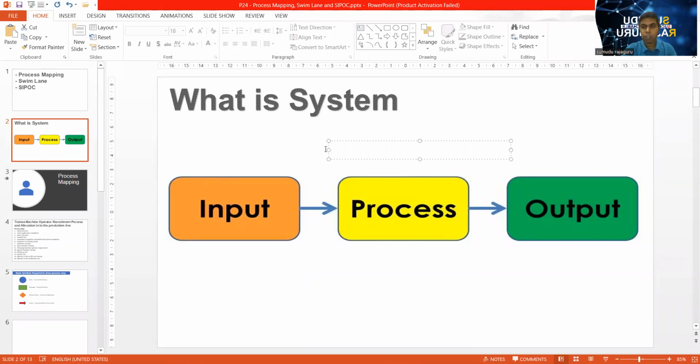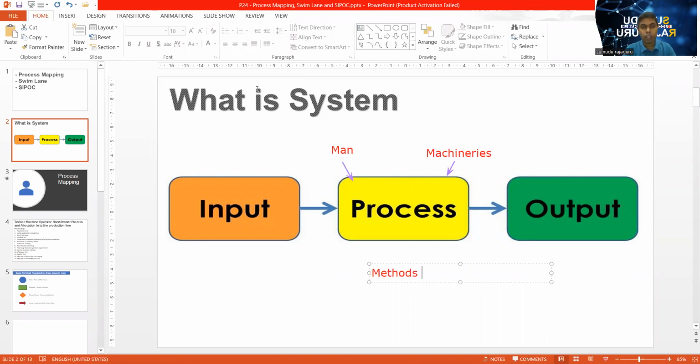For the process, we have to allocate some manpower. Sometimes we have to allocate machineries, and also we have to do the process in a methodical way, so there should be methods.